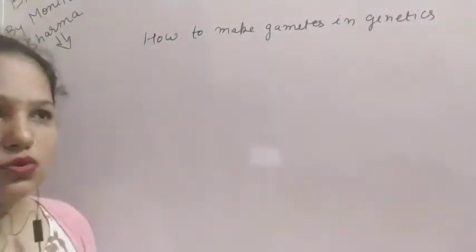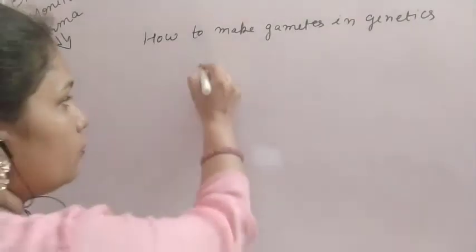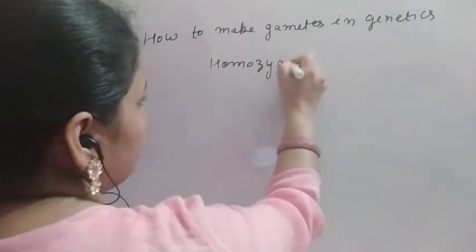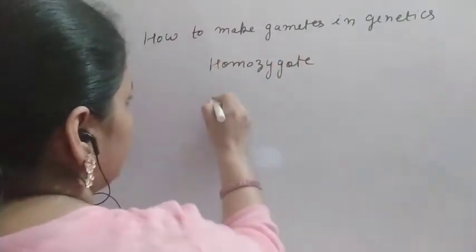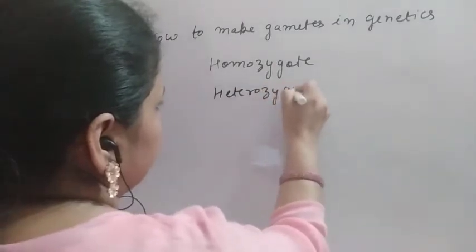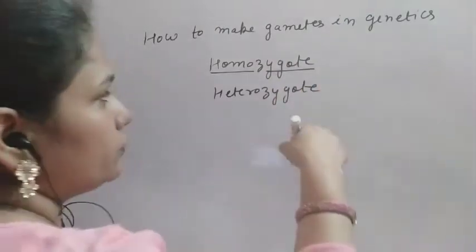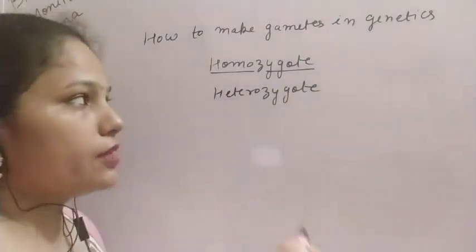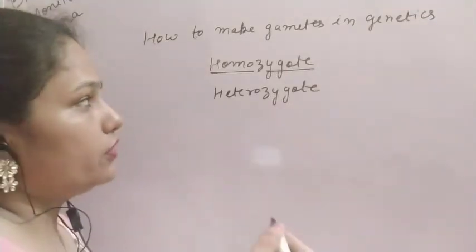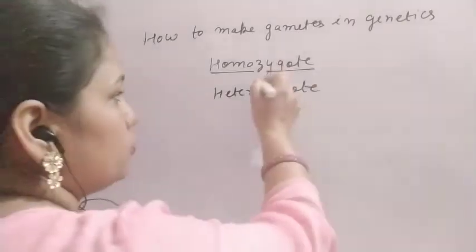To understand this topic there should be a clear idea in your mind of what is homozygote and what is heterozygote. Homo means same, and if the zygote has the same types of chromosomes, or the chromosomes have the same types of genes, then it is known as homozygote.